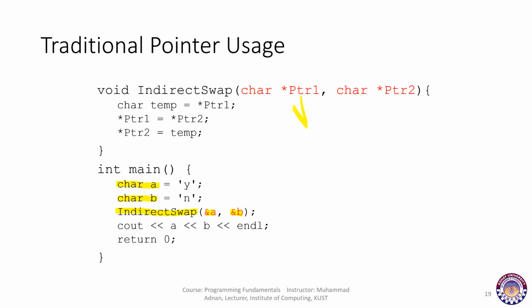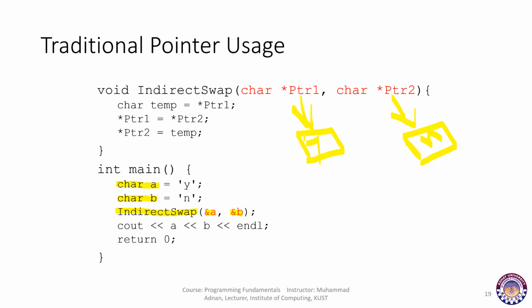So ptr1 is now pointing to the memory slot where the value of a is stored, and ptr2 has the address of b, so it is pointing to the value which b is holding. So ptr2 is pointing to n, and ptr1 is pointing to y.